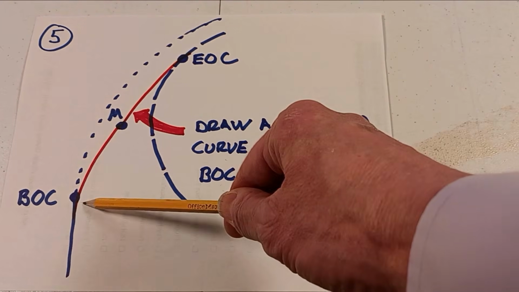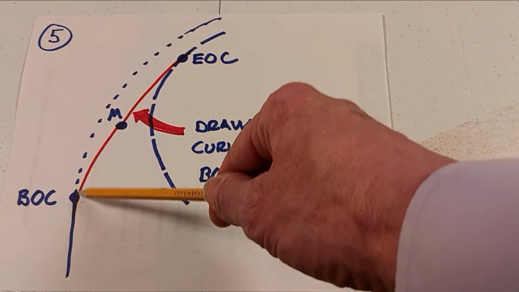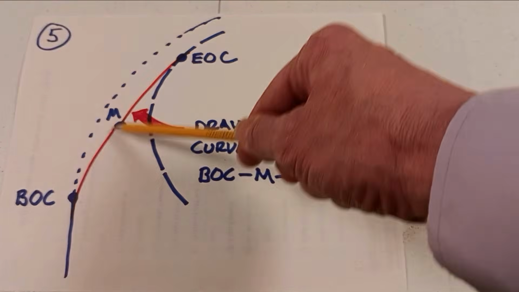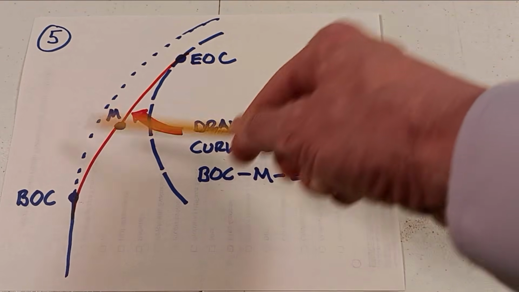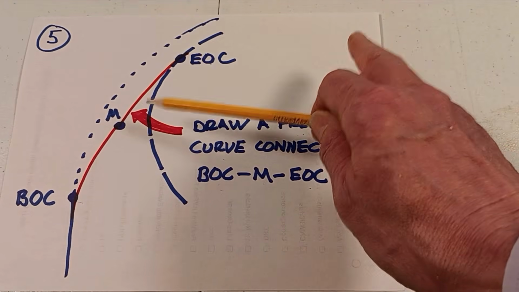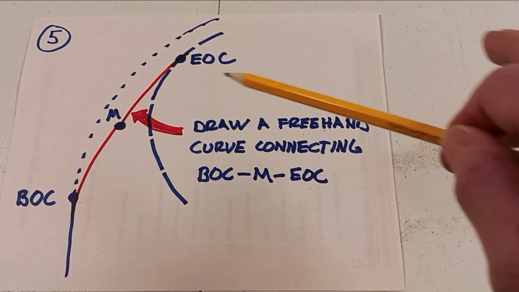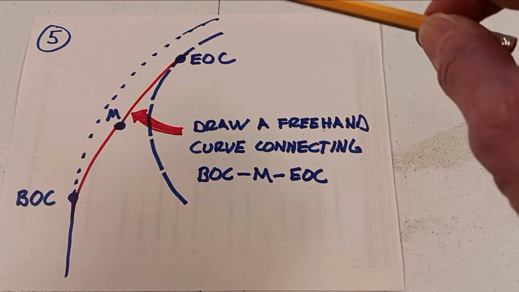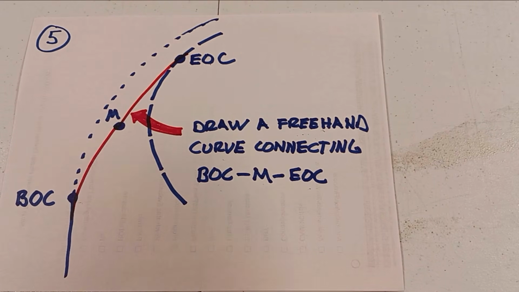Start at the beginning of curve, draw your line through the midpoint, and then it smoothly goes into the end of curve. Overall, easements like this will help you improve the realism of your model railroad without too much extra work.